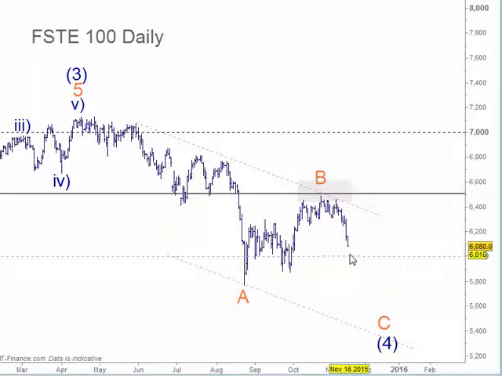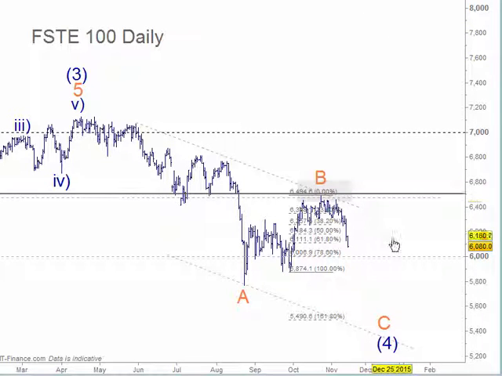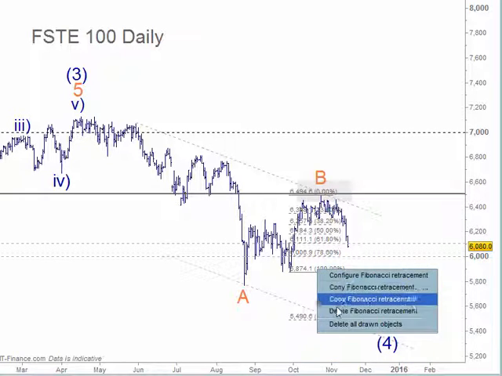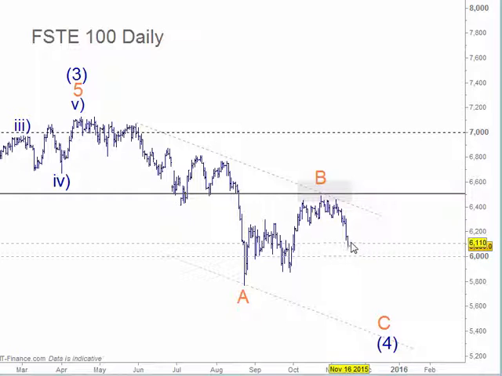It's moved down past the 61.8% mark, say from this low to this high. So it's basically moving through that 61.8% mark, and that puts it into a real weak spot.